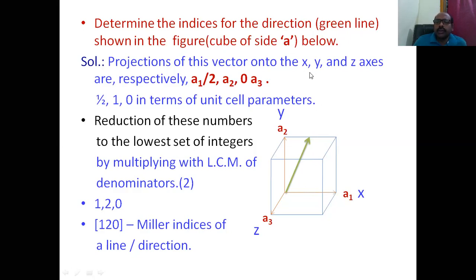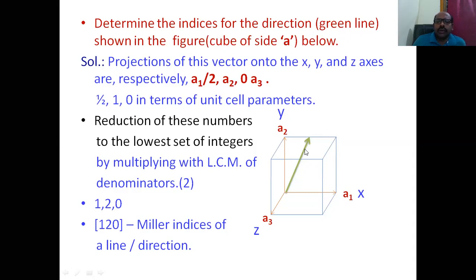If it is not passing through the origin, we take a parallel vector by translating the given vector so that it passes through the origin, with the same magnitude and direction. In our problem it passes directly through the origin, so we need not do the translation.